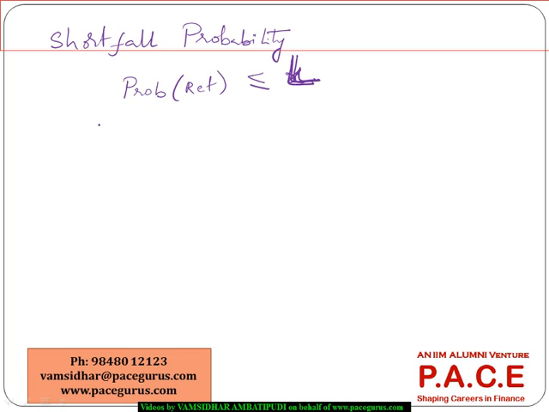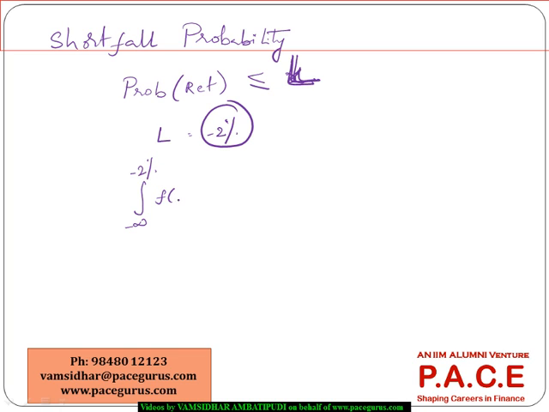Right? So all I'm trying to find out is, let's say I'm talking about L being minus 2%. When I'm talking about the shortfall probability in a continuous form, I'll look at it as minus infinity to minus 2%.